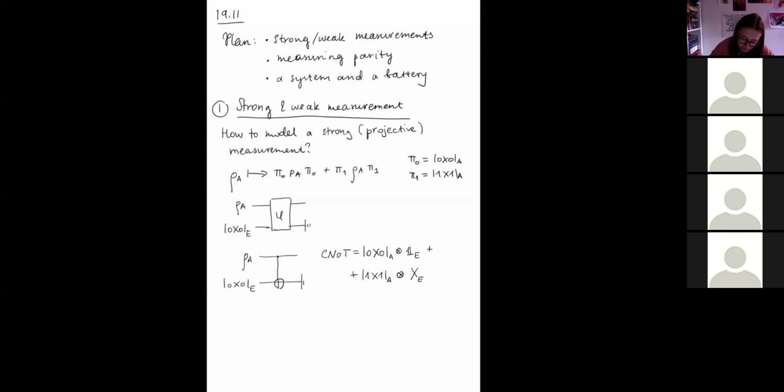Let us calculate the joint density matrix of the systems A and E after applying the C0. So C0, then we have rho A tensor product |0><0| on E, and C0 Hermitian conjugate.